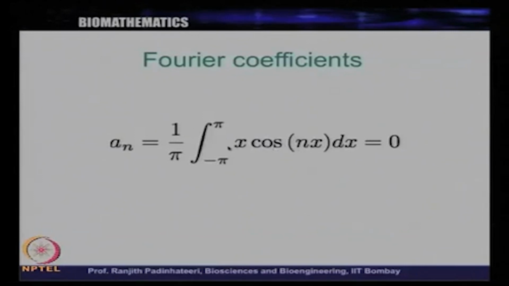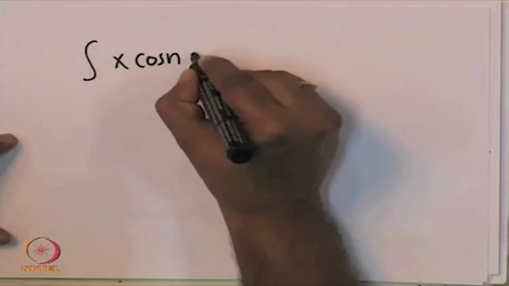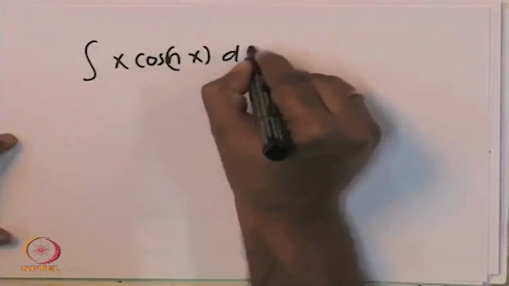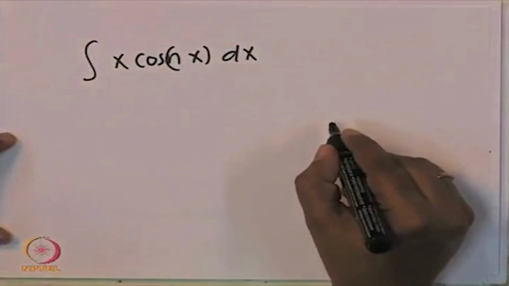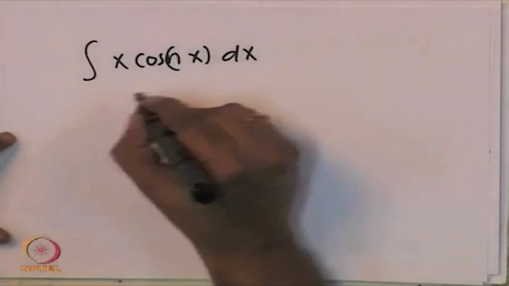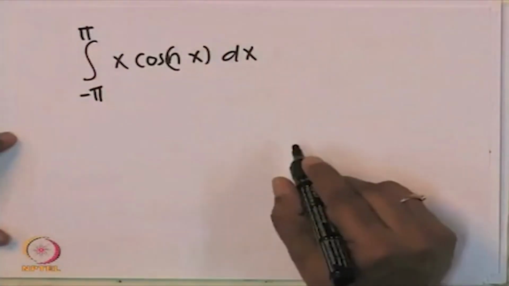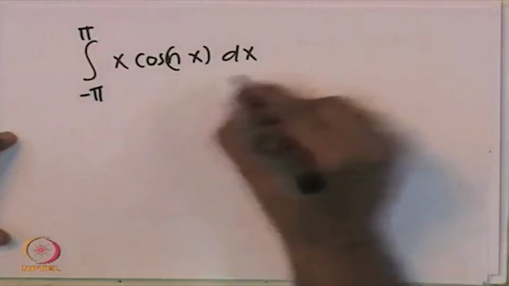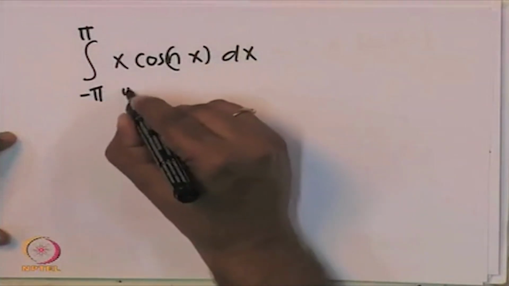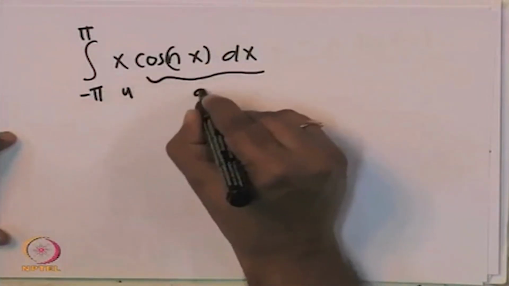You can also try doing this integral by integration by parts. Let us do that quickly. Let us do the integral of x cos n x dx from minus pi to plus pi. You can write this as the integral of u dv.